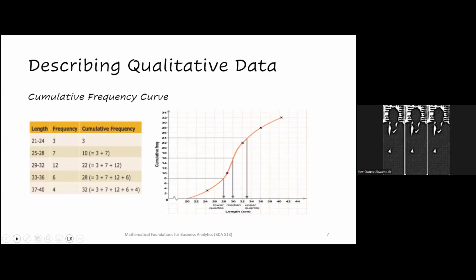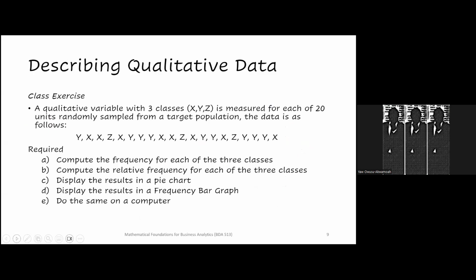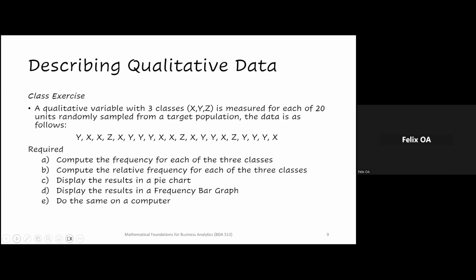So now the relative frequency for X is 40%, Y 45%, and then Z 15%. Okay, so they all add up to 100. So if you want to display this in a pie chart, you can easily do that. When you have time, display it in a pie chart and also in a frequency bar graph. You can do it on your computer as well, and then see what the plot gives you.